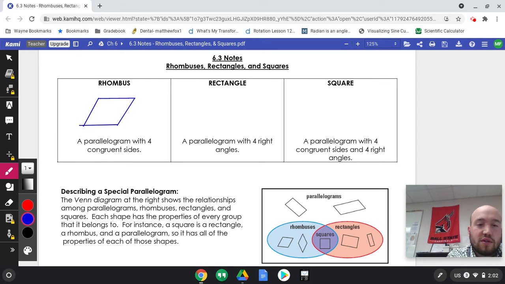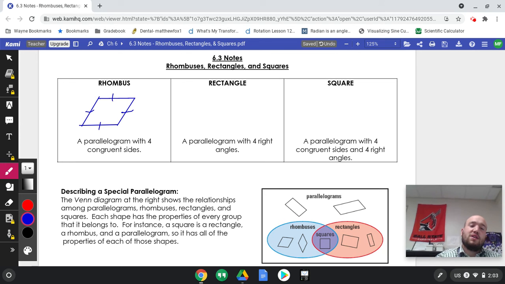So mine's not perfect, but if each of these sides is congruent, so if I put a mark on each of them, then that is a rhombus. All four sides are going to be congruent. Anytime all four sides are congruent, it is a rhombus.